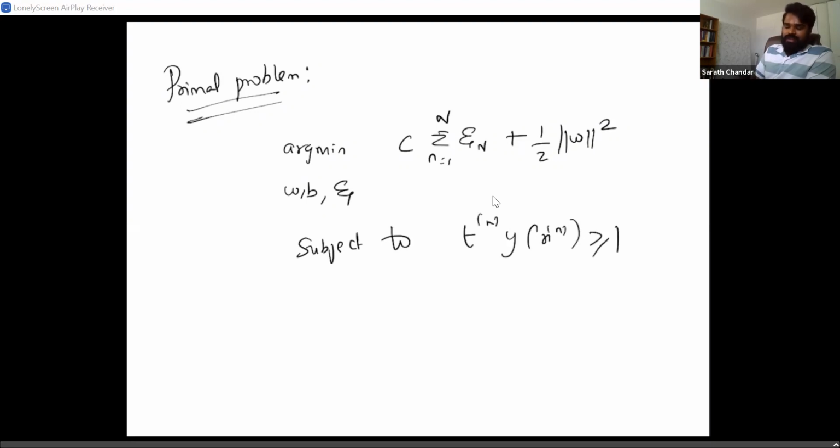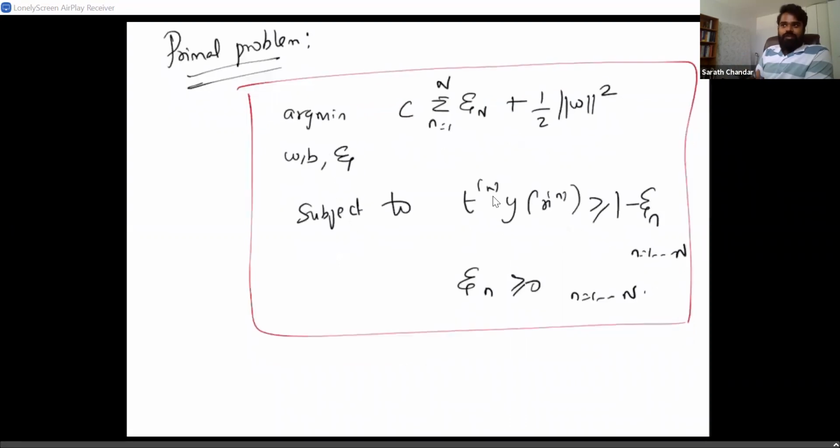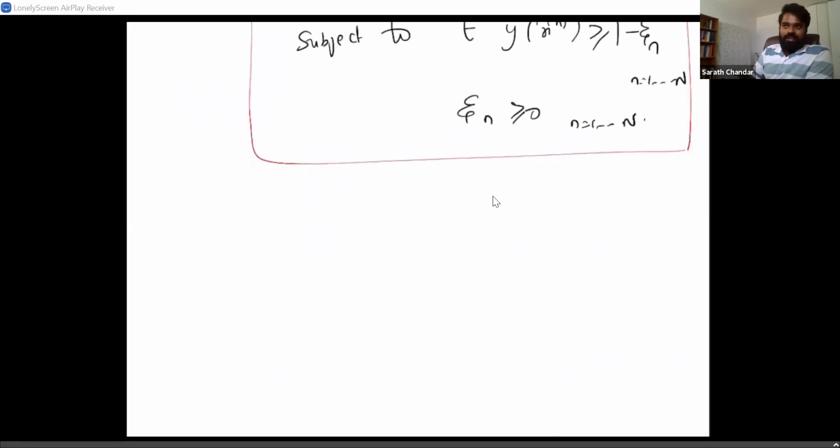If you just leave it like this, that's the earlier formulation. Now we have a slack added, 1 minus epsilon n, for n equal to 1 to N. And we also have the additional constraint that epsilon n is greater than or equal to 0 for n equal to 1 to N. This is the primal formulation. Given that we have already done the whole thing before, we are going to directly jump to the Lagrangian formulation too.